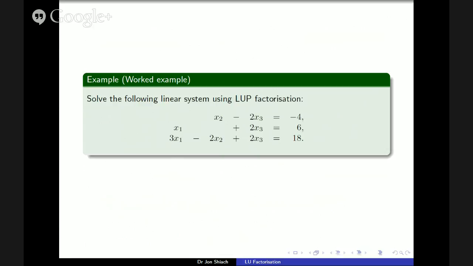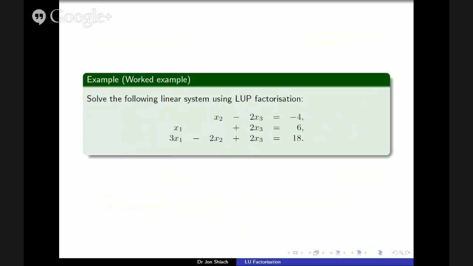y3 is 6 minus a third y1 minus 2/3 y2. A third of 18 is 6, so 6 minus 6 is 0, and then we're going to have 8 over 3.